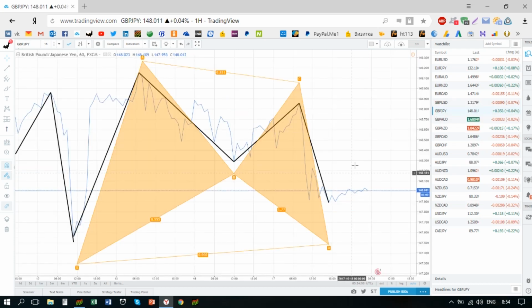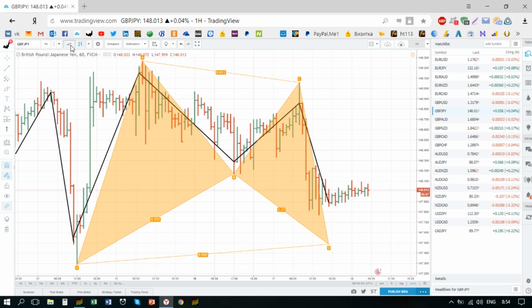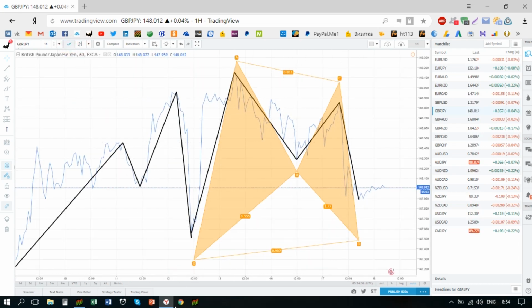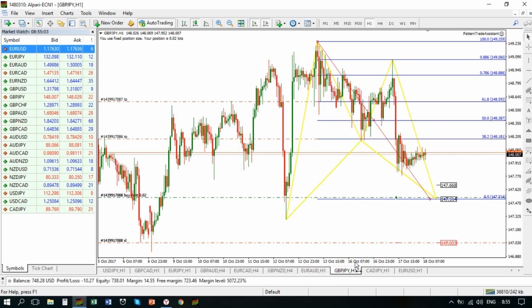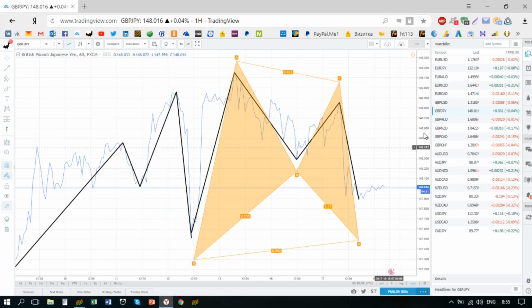The analysis is pretty simple. You simply need to know what to look at. The pound yen, nothing here. This bat advanced formation. Let me see if I have it. Yes, this bat advanced formation. One more push to the downside and it will be triggered.